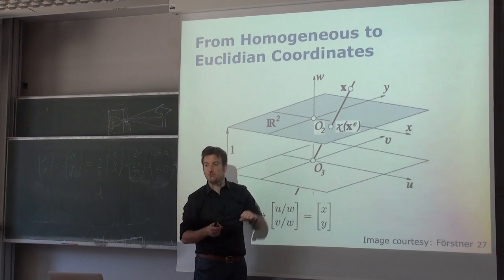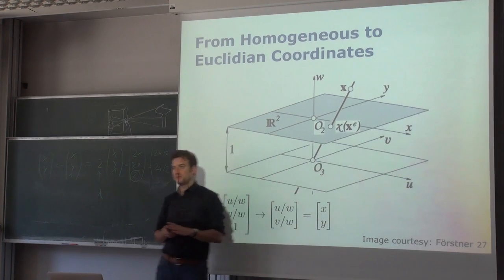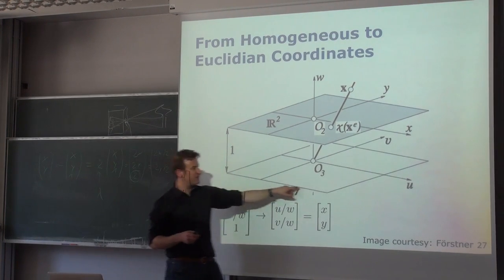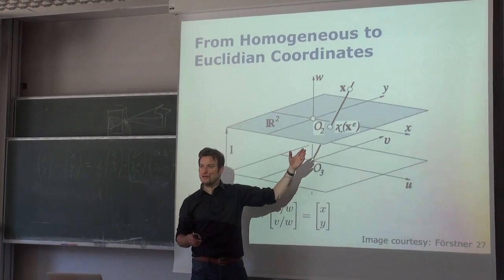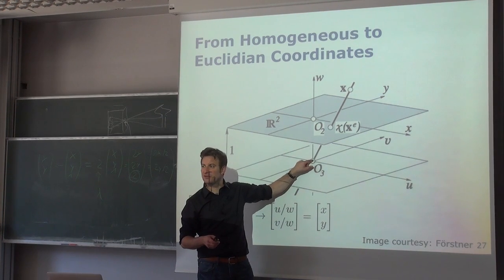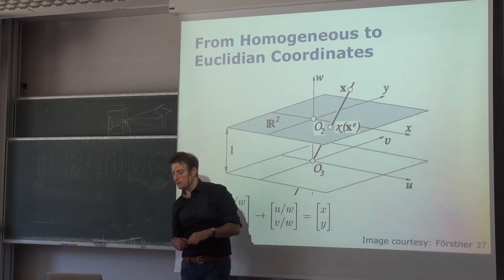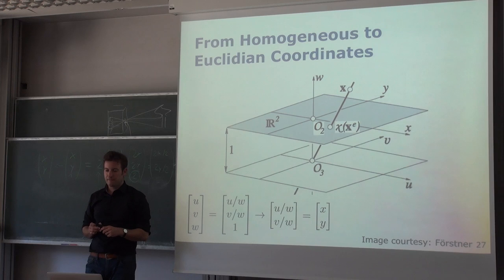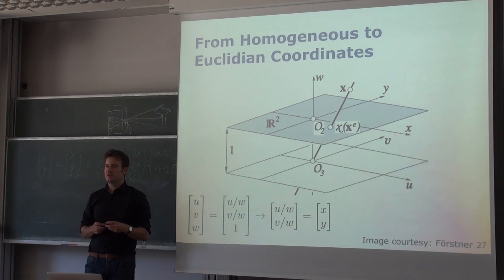Therefore, this one is not part of the projective space. So if I visualize the whole thing as R3, then of course I would have this point in there, but the projective space explicitly excludes this point. Any further questions?